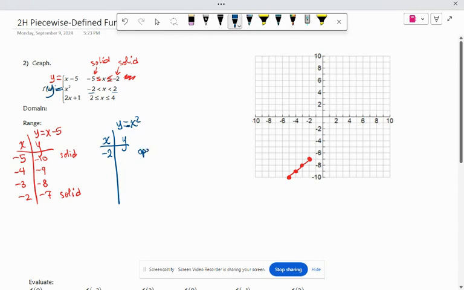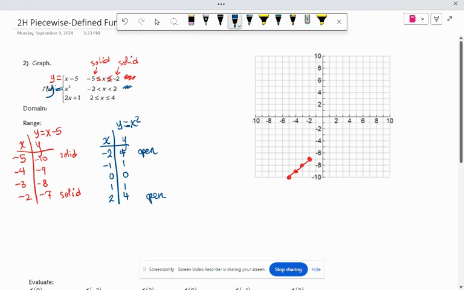But because it's less than and not less than or equal to, those are going to be open dots. And so from -2, -1, 0, 1, 2, that one's also an open dot. So -2 squared is +4, -1 squared is +1, and then 0, 1, 4.